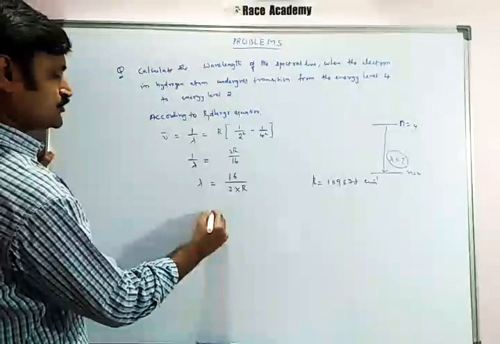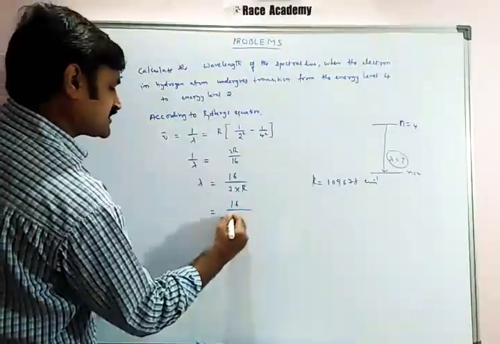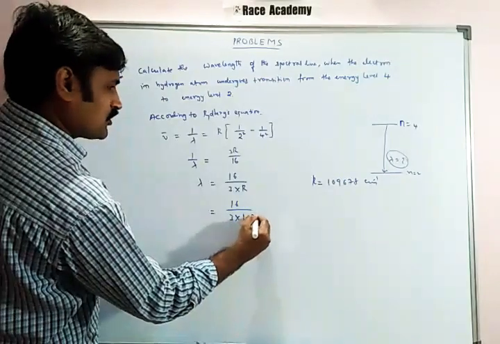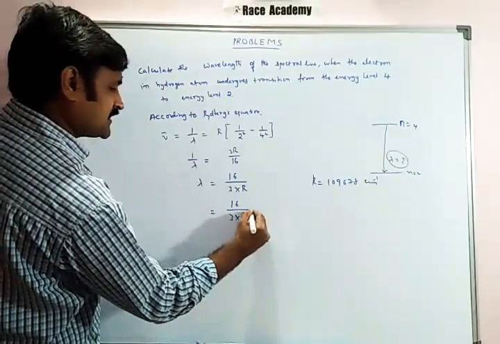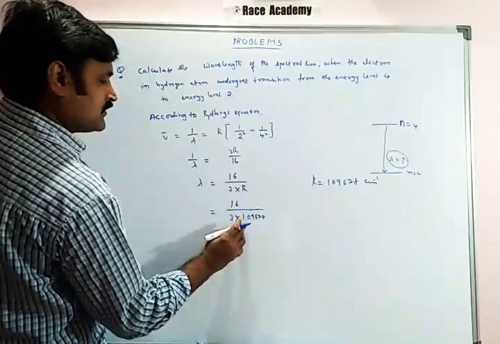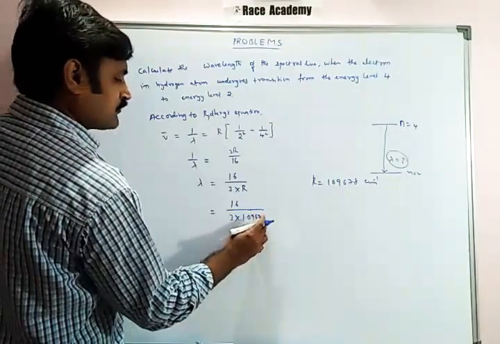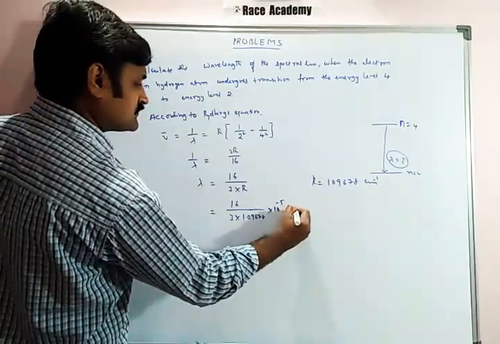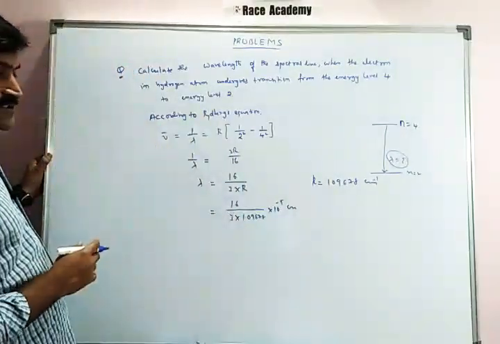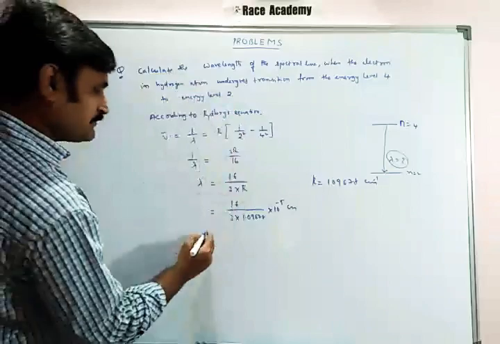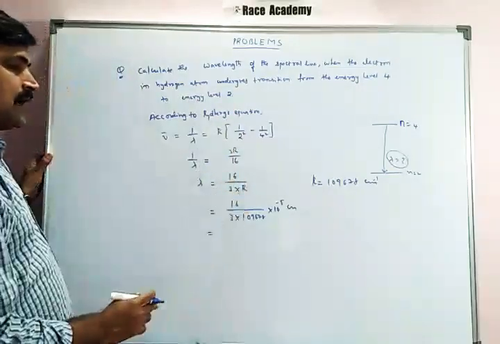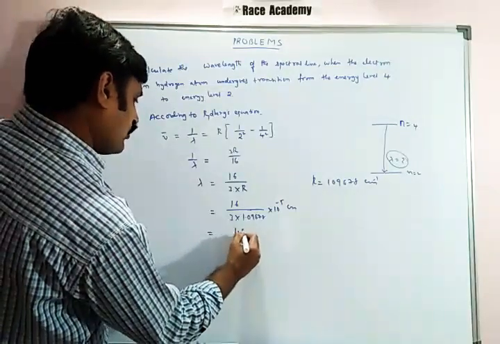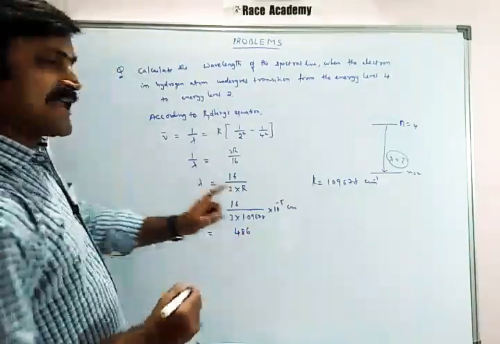If we substitute that, it is 1 by 16 into 3 into 1.09678 into 10 to the power of minus 5 centimeters. Upon simplification, I got the value 486 nanometers.